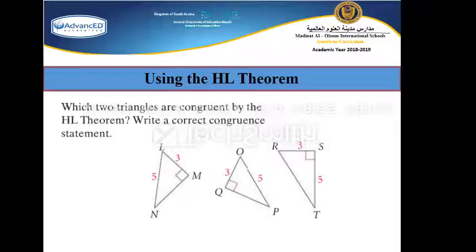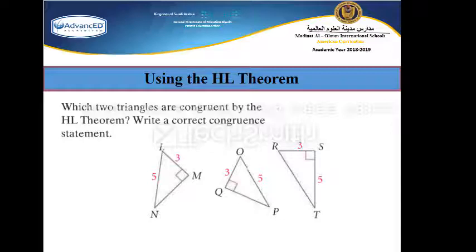By looking at the three triangles, which pair of the triangles are congruent by the HL theorem? We need to look for the hypotenuse and two corresponding legs congruent.